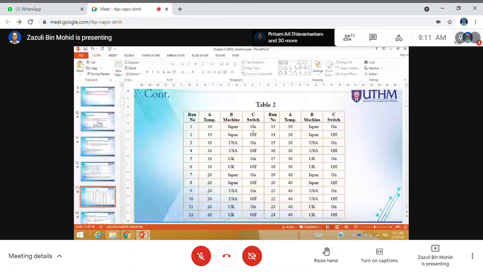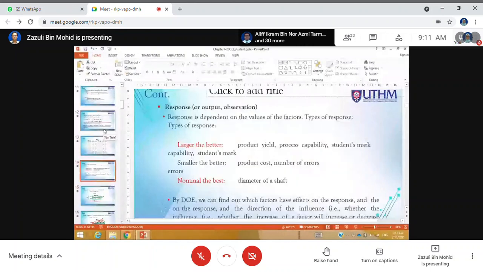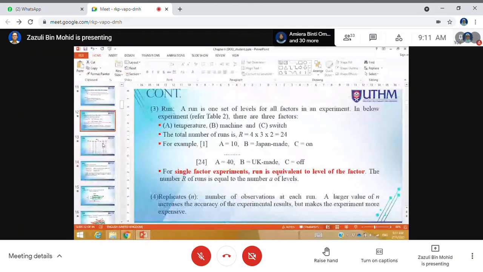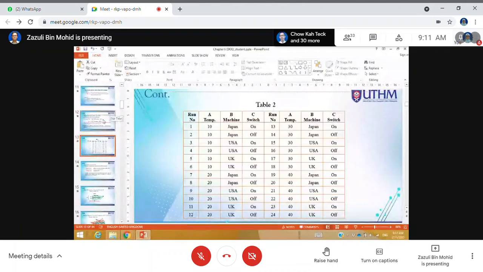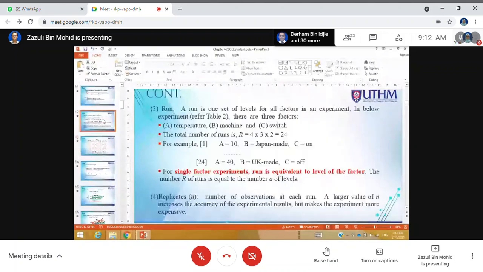Then we have 24 times 3, so we have 72 runs. That's the basic introduction of what we mean by runs, factors, and trials.